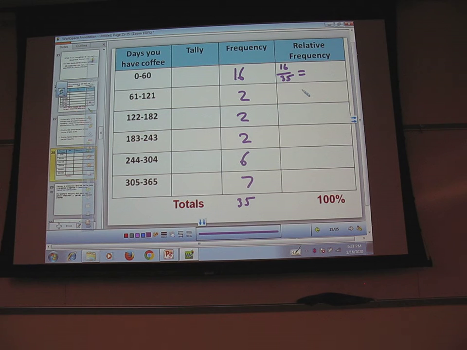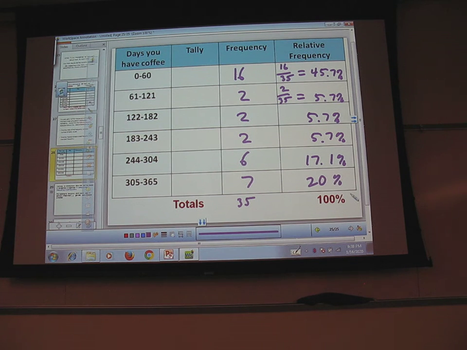So let's do it as a percent. 16 out of 35, 16 divided by 35: 45.7%. 2 divided by 35: 5.7%, 5.7%, 5.7%, 17.1%, 20%.